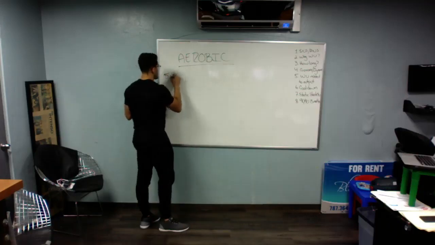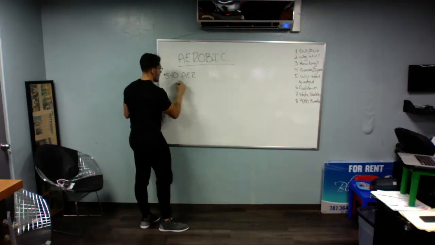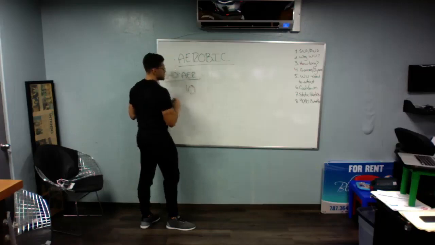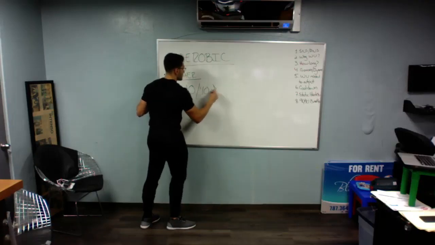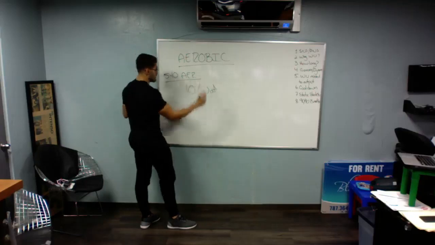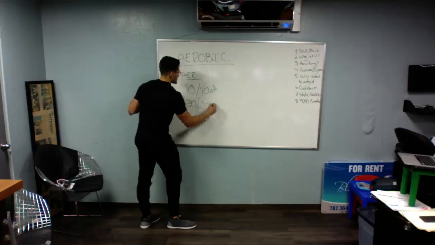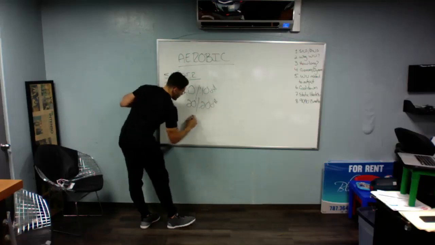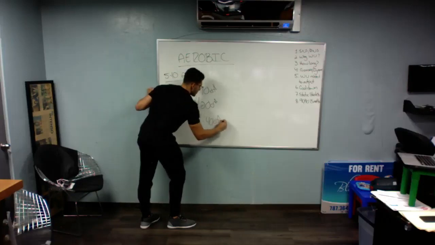So 5 to 10 minutes aerobic, and then you go straight into, okay, maybe 10 seconds on, 10 seconds off on the bike or rower at the pace you're going to be maintaining. And then the next one, you can bump it up to 20 seconds on, 20 seconds off, 40 on, 40 off.